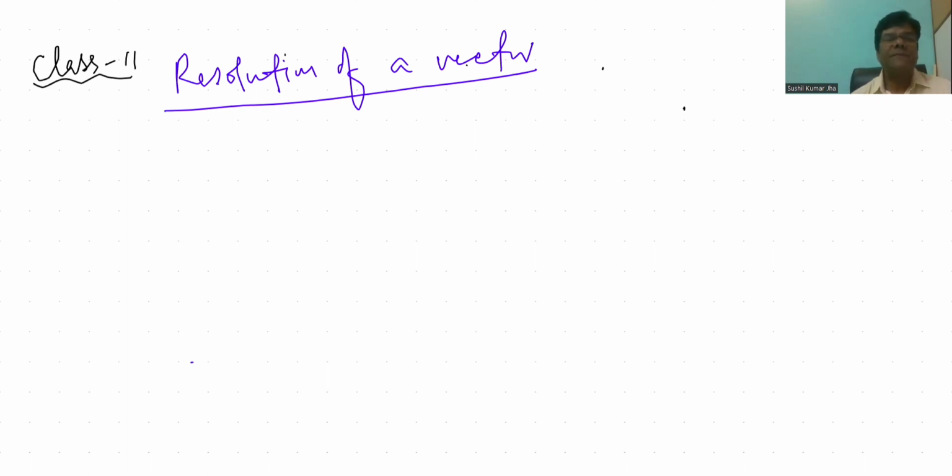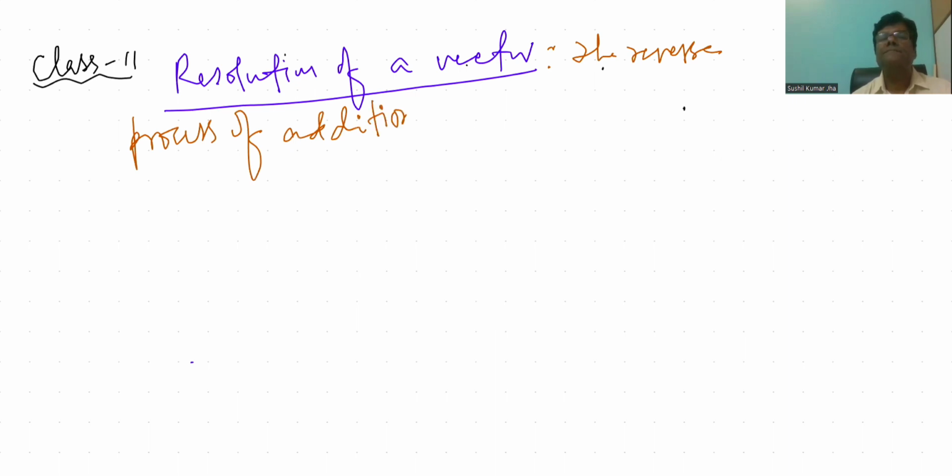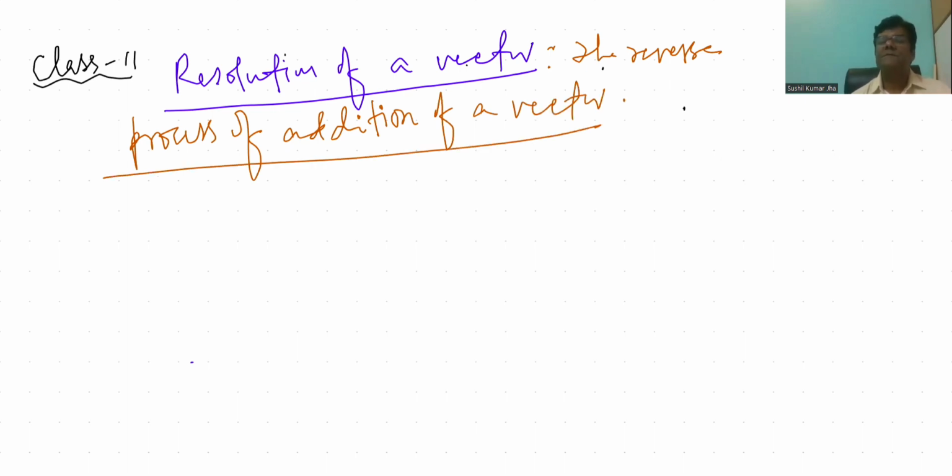Basically, this is the reverse process of addition of a vector. This is the reverse of addition, which means this is basically splitting a vector into its components.